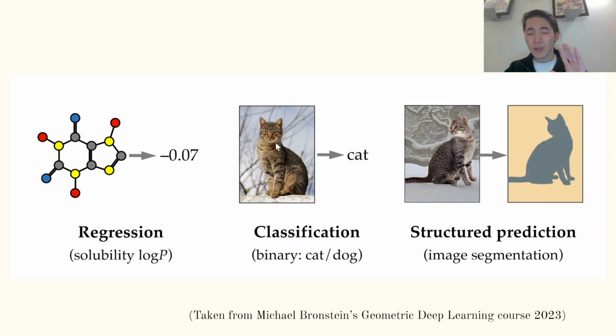Here, you want to say whether this image is a cat or a dog, or it could be a cat, dog, leopard, turtle, whatever. And then you have more nuanced prediction tasks, structured prediction, where maybe you have an image and you want to label which pixels are the cat and which pixels are the foreground and the background.